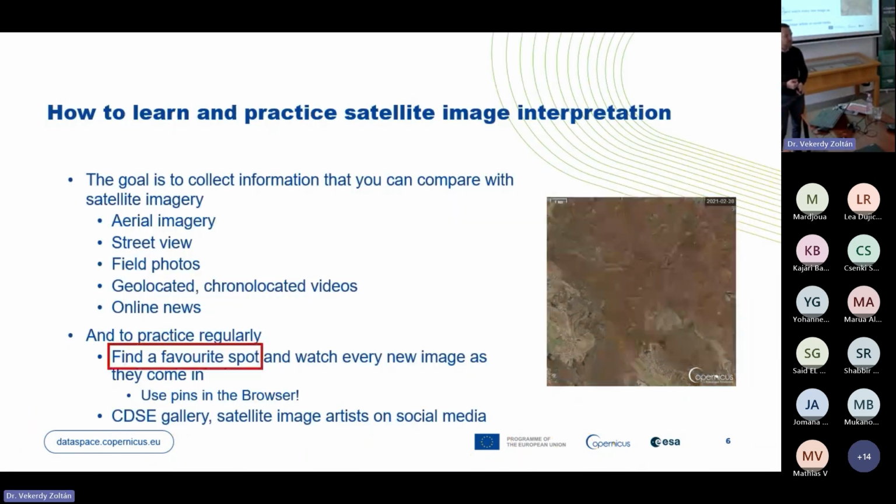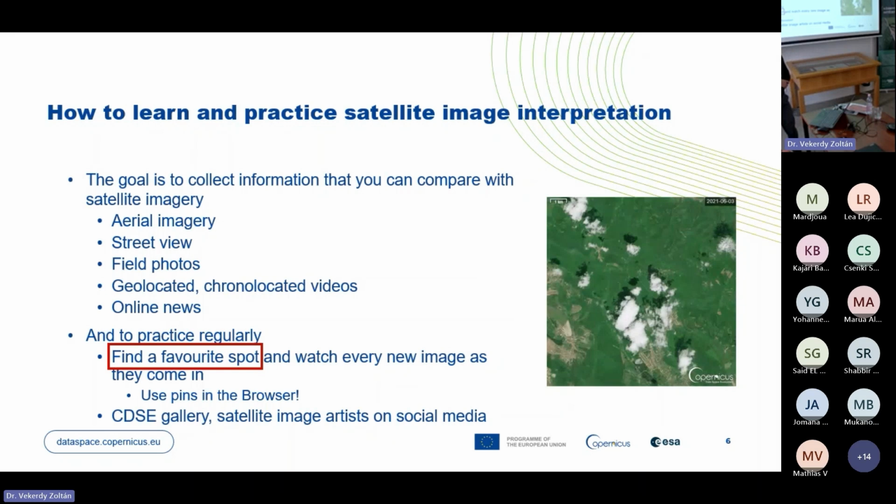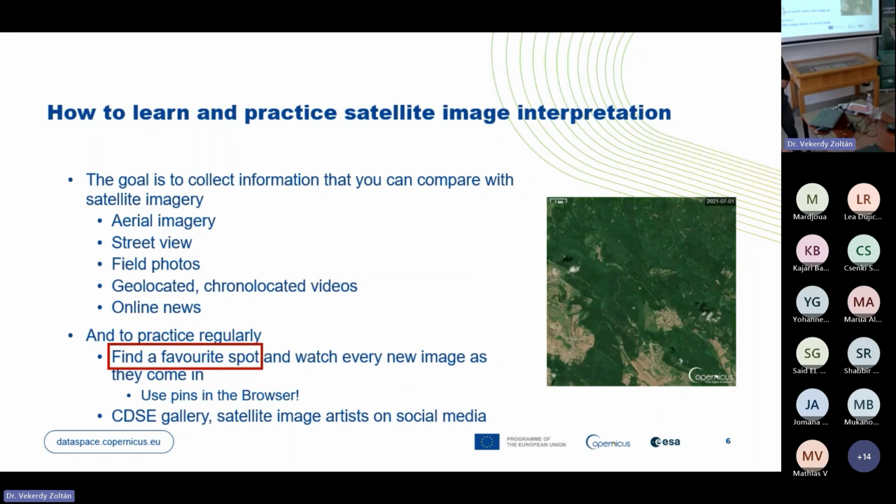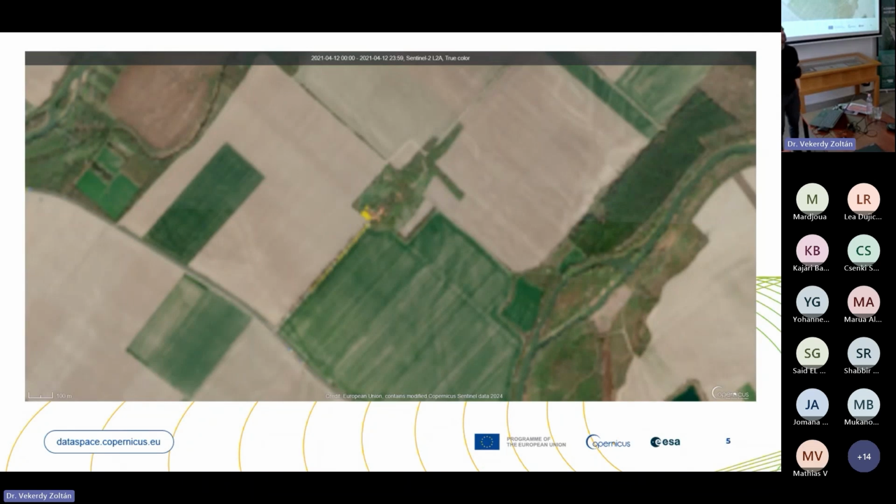May I add one little thing? Yes, here you see a bus on a 10-meter pixel. This is something where you should compare not only the pixel size to the size of the bus, but also how dominant the reflection from the bus is.